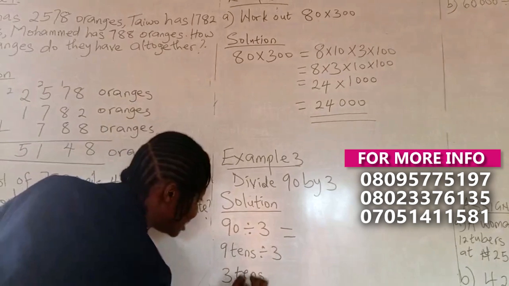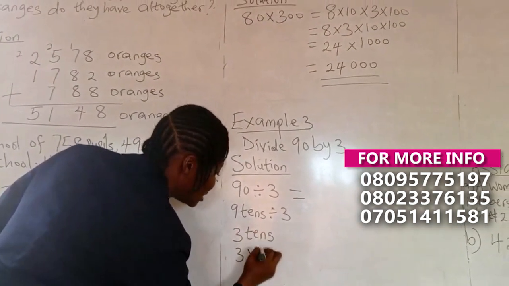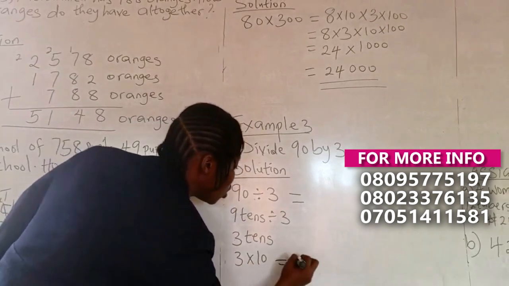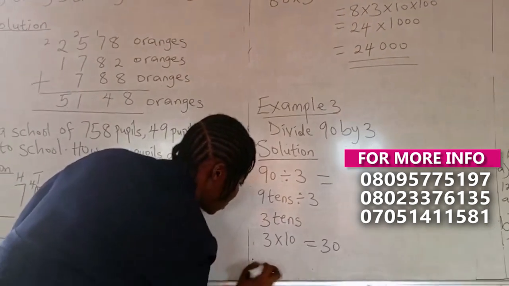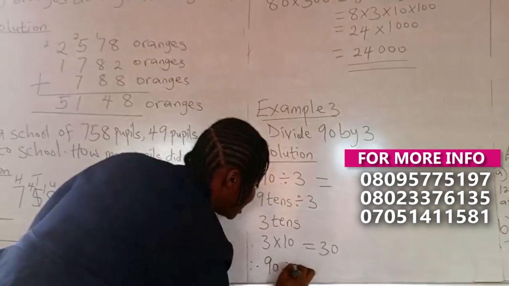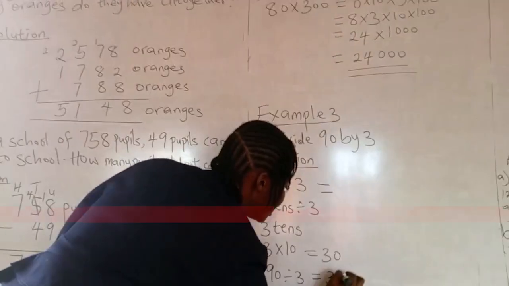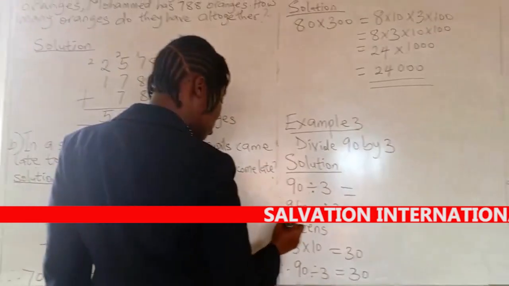So if you are writing it as a digit, you write it as 3 multiplied by 10, and that will give you 30. So therefore, 90 divided by 3 is equal to 30. So that is a simple way to go about it.